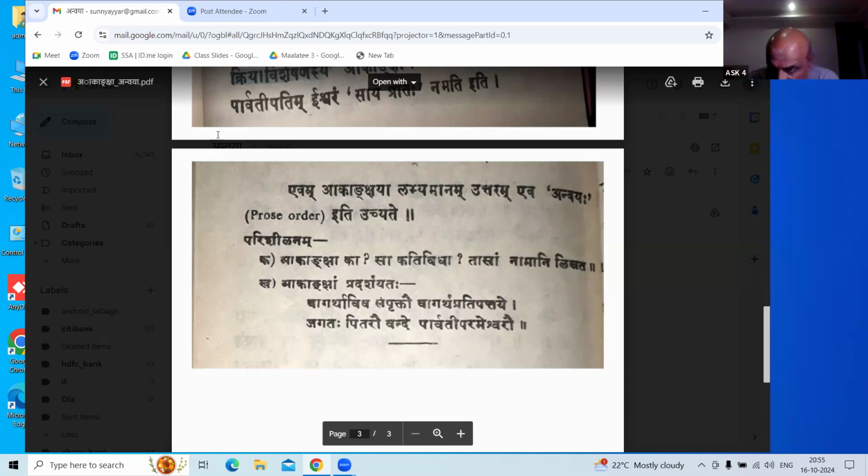Namami is Uttama Purusha, Ekavachana. Exactly, that's what I was thinking. Namami, like I bow. Namami is the Kriya Padam, not Namaha. Namami. Namati, Vayam Namamaha. Namaha.